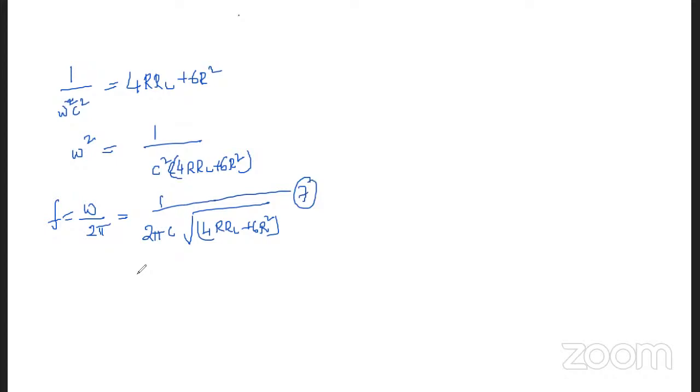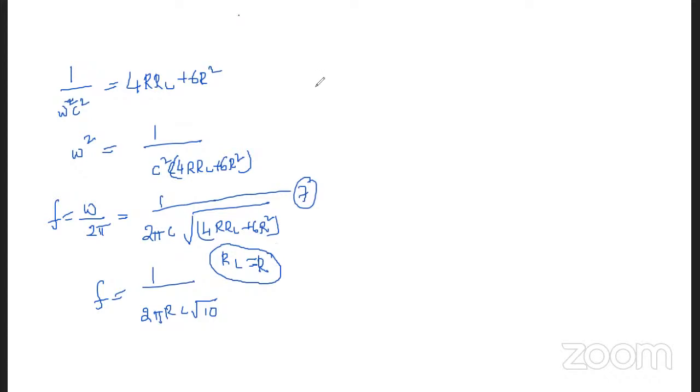In general, the load resistance is taken to be equal to R. Then the frequency of oscillations is f equals 1 by 2 pi RC root 10. This is the frequency of oscillations we get here. Now, similarly, we will get the condition of sustained oscillations for the phase shift oscillator.